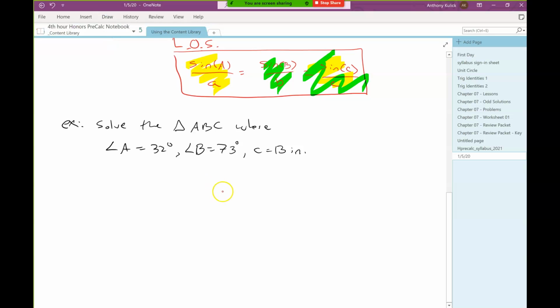So what I would do to start is draw a picture. And obviously this picture is not to scale. It probably makes more sense to do that. So I'm just going to draw my picture and fill in my information.